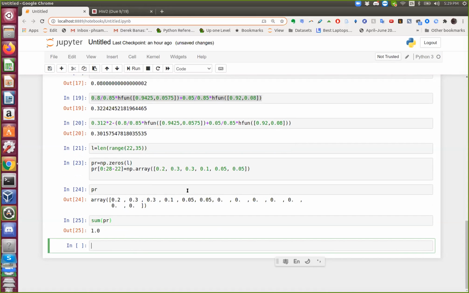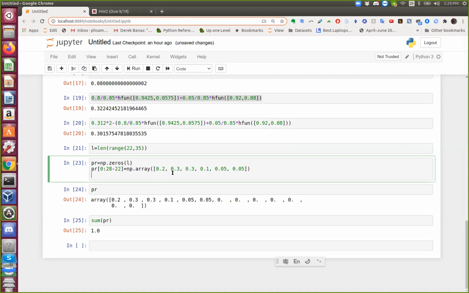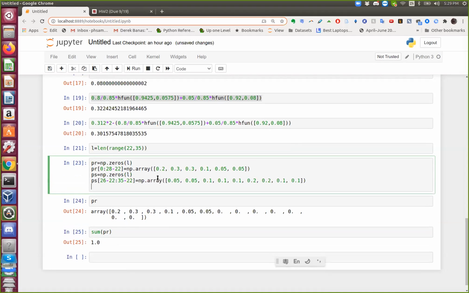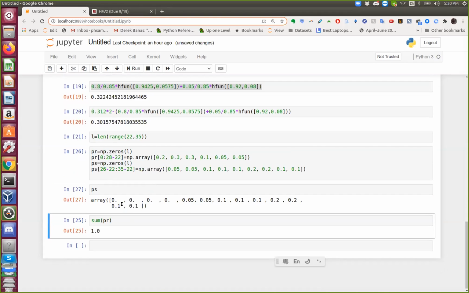This is the condition when it's rainy, right? And then for sunny, I also have the same length, from 22 to 34. Then I will have my probability like that. My sunny distribution will look like this, and the sunny probability should also add up to 1.